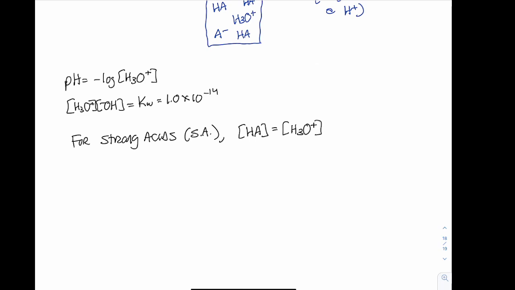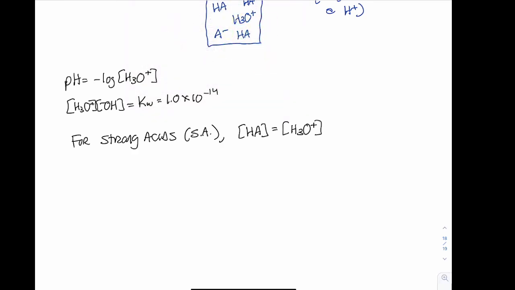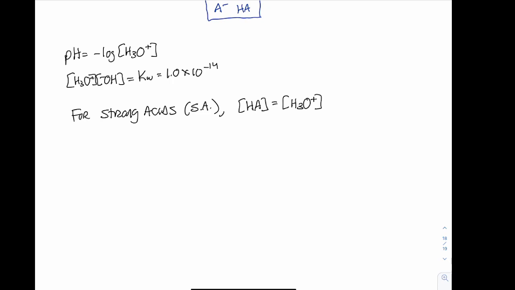You just take the negative log of whatever your strong acid concentration is. For weak acids, it's a little trickier. So that's what we're going to focus on next in this video. So for weak acids, it's going to be a bit more involved.